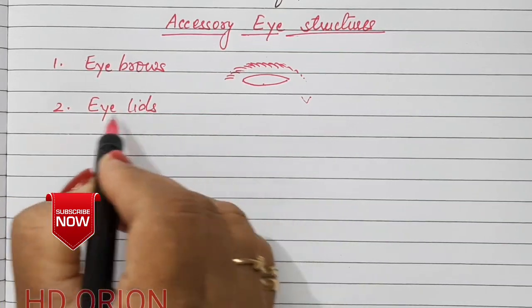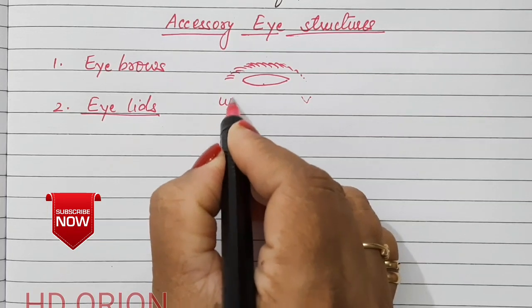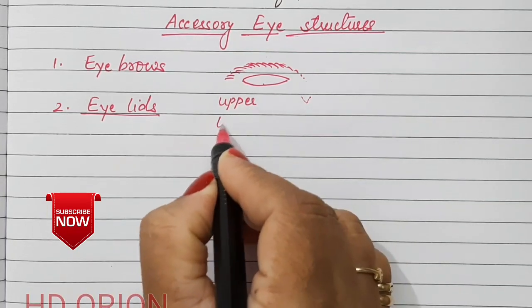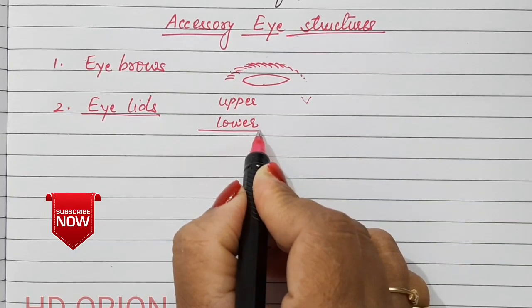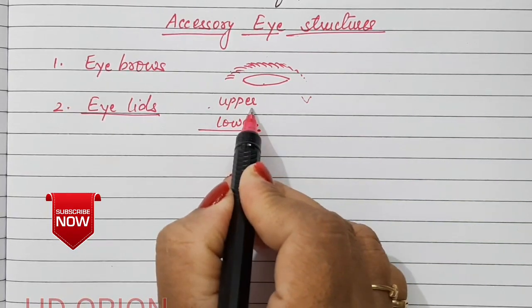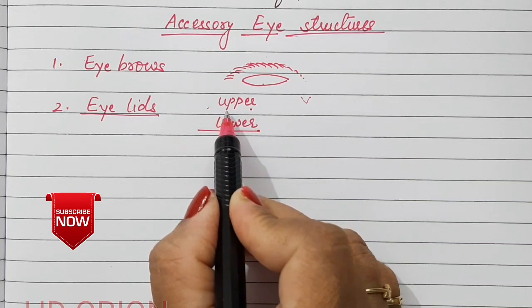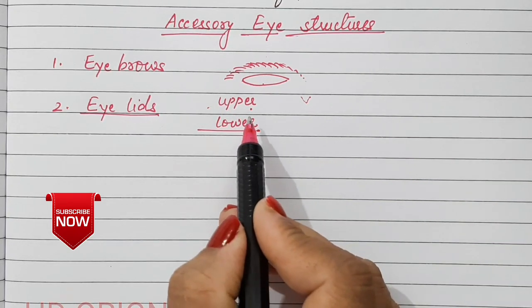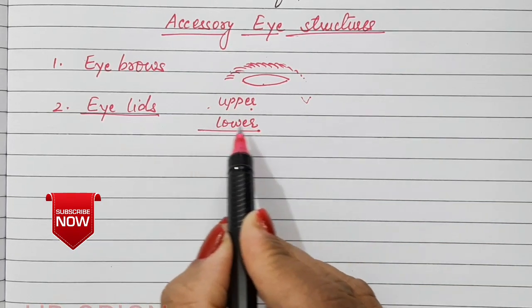The second one is eyelids. Eyelids are thin muscular folds. We have two eyelids, the upper eyelid and the lower eyelid. The lower eyelid is fixed, it is immovable. It's only the upper eyelid that can move, and the movement is only to close the eyeball. That means the eyeball is exposed when the upper eyelid has moved up, and when it closes, it covers the entire eyeball.